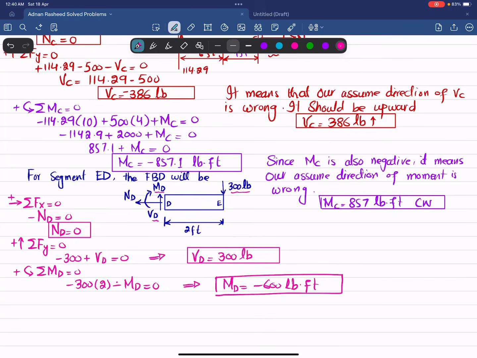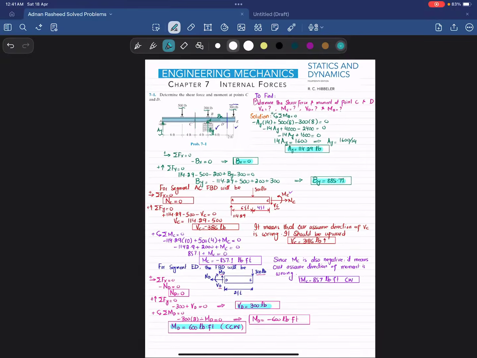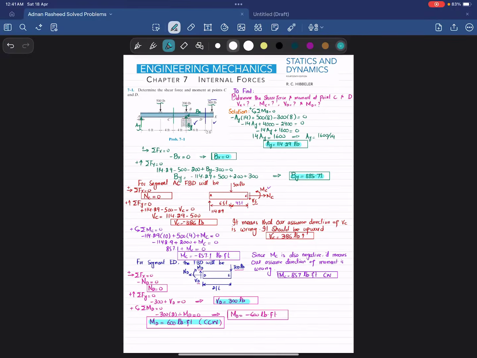The value of M is negative, so it means the assumed direction is wrong. Clear? So MD should be equal to 600 pounds-feet, and that will be counterclockwise. So this is the shear force at point D and this is the moment at point D. And this was all about this problem 7-1.